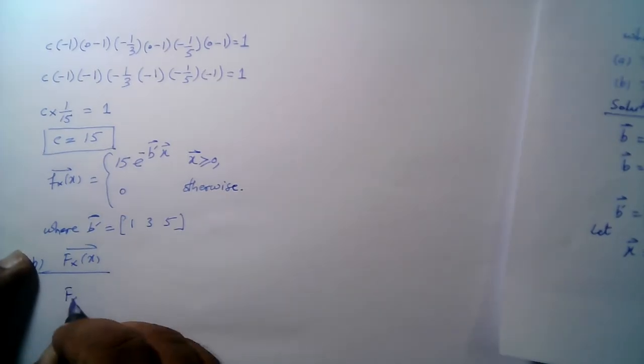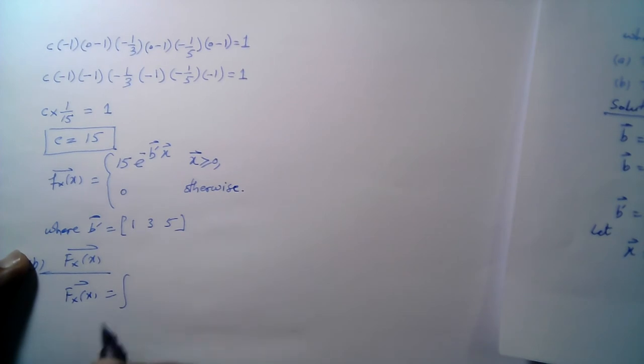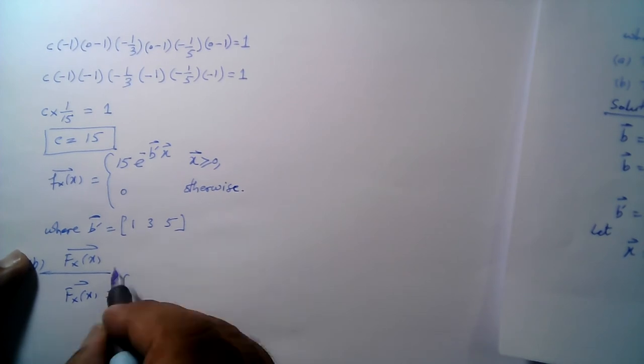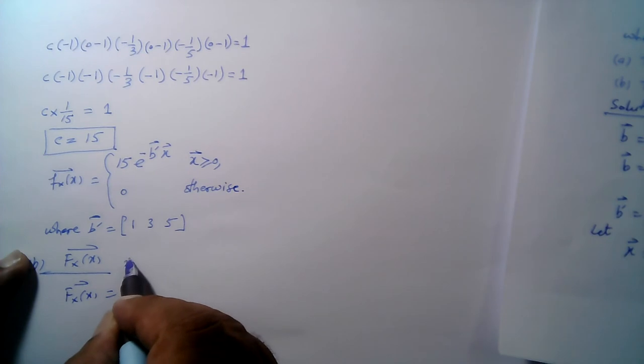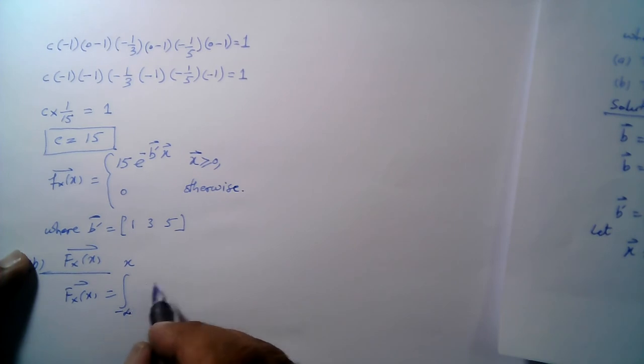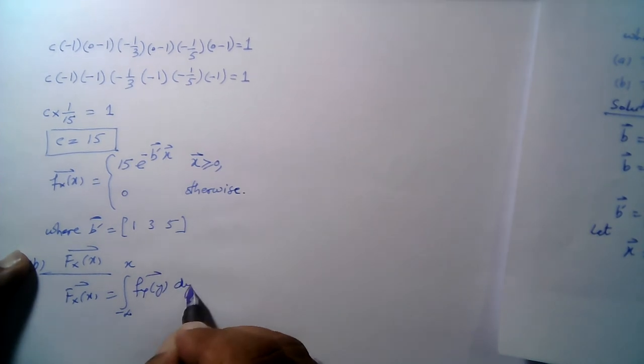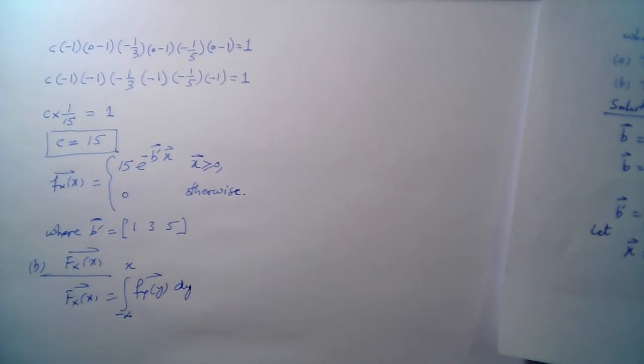FX of x is given by this integral from minus infinity to x. If we are using x in the limit, we must use a dummy variable here. For example, instead of writing fX of x, we write fY of y, and we integrate with respect to y. Y is the dummy variable here.